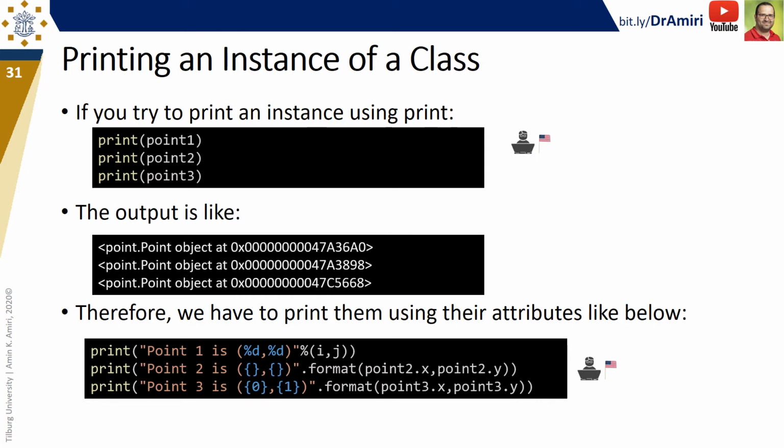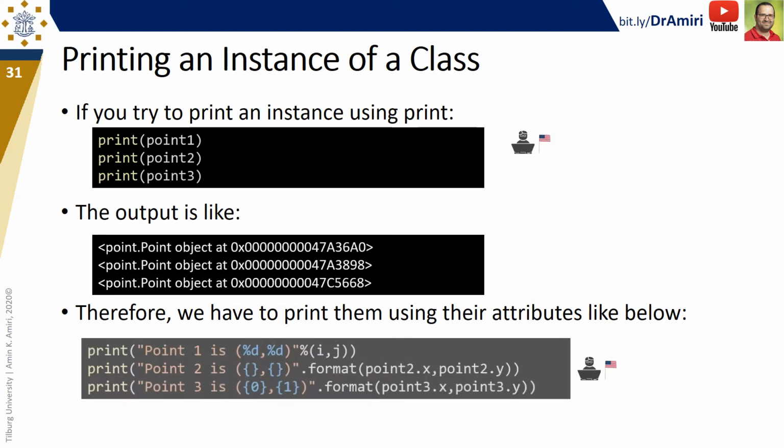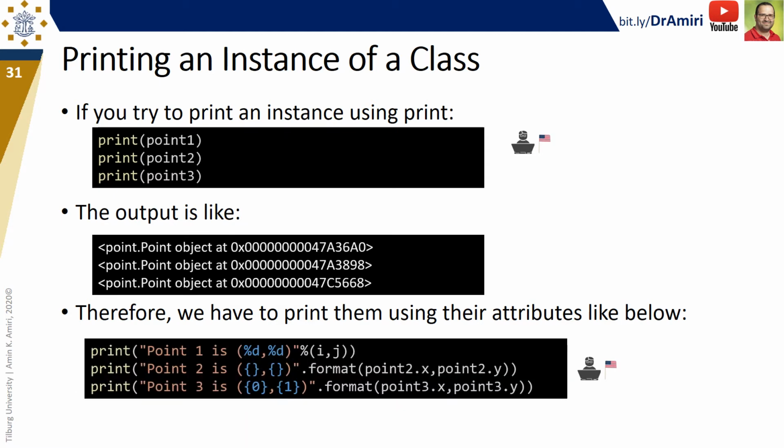So if you want to print an instance of a class, you could do that using its attributes. This is what you have learned so far. You can use the percentage sign or the format method and the curly brackets to print the attributes of that class.